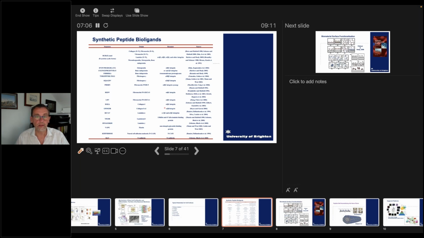It's just here to say that there are a number of peptides that can be synthesized pretty easily in the lab and used to provide synthetic substrates for cell culture, rather than relying on the batch-to-batch variability of natural and expensive protein substrates.